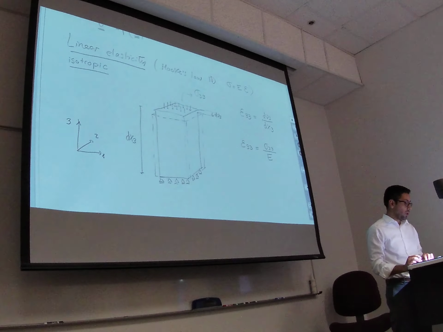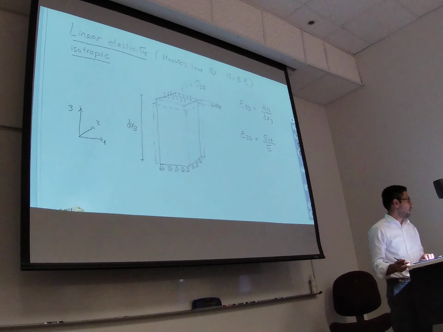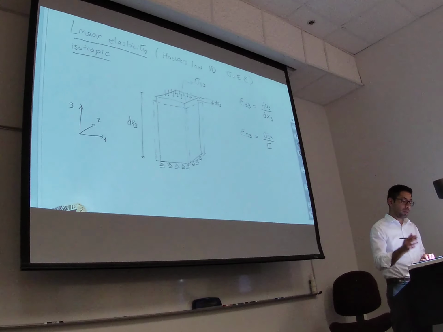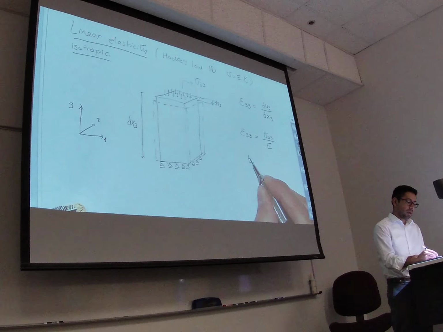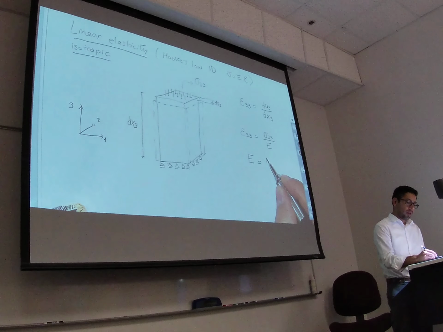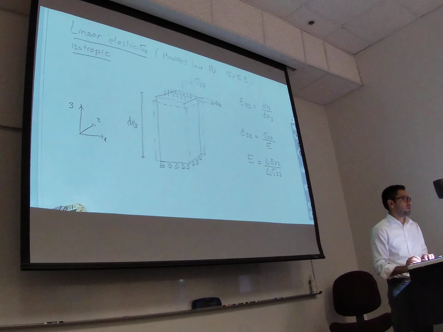Okay, so from here, I already have what is the Young modulus. If I wanted to measure the Young modulus, basically I will have to measure a change of stress divided by a change of strain.